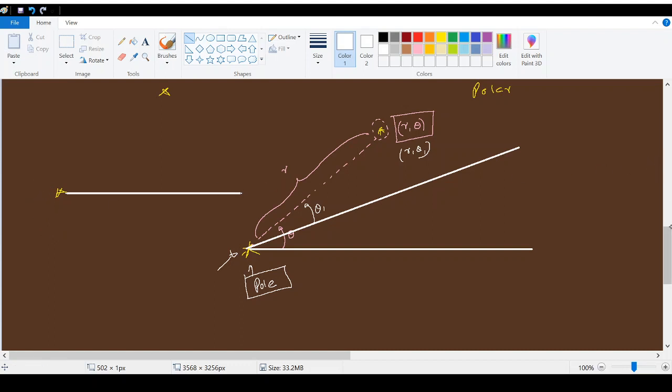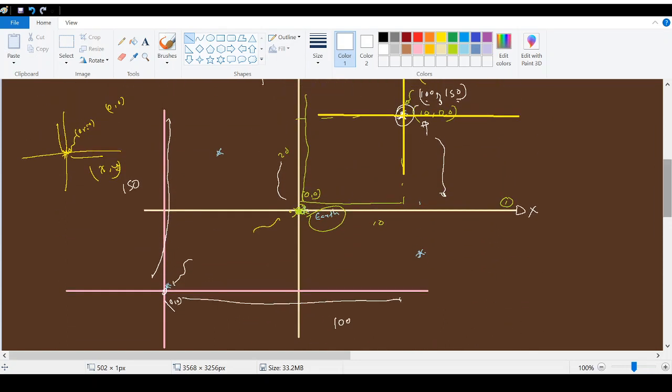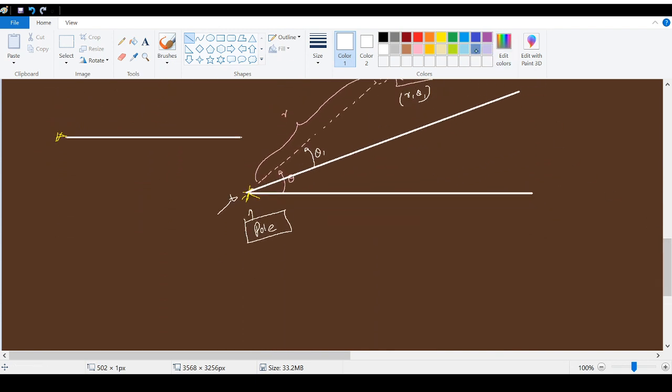And there are some more conventions that you have to learn. Now remember, in the Cartesian system we defined the coordinates of the origin as 0, 0. For the polar system, the coordinate of the pole is a bit strange, because as you can see, if r is 0, we have the option of giving any theta value.